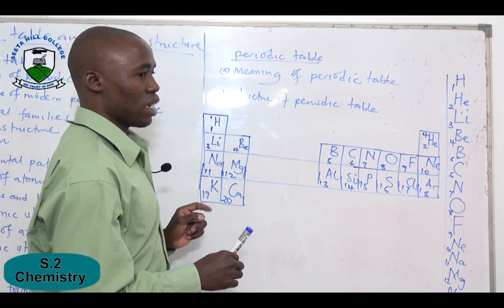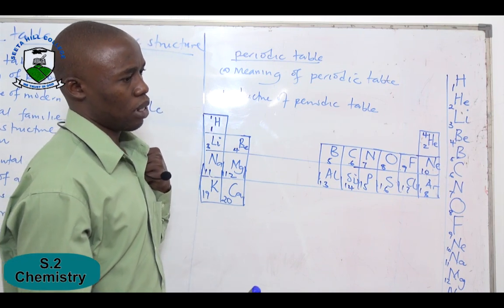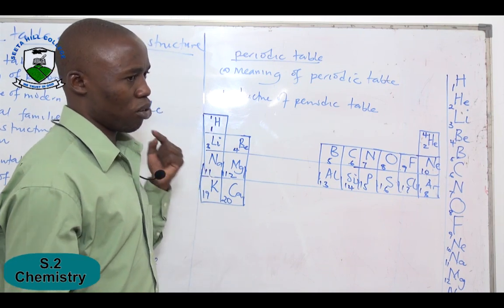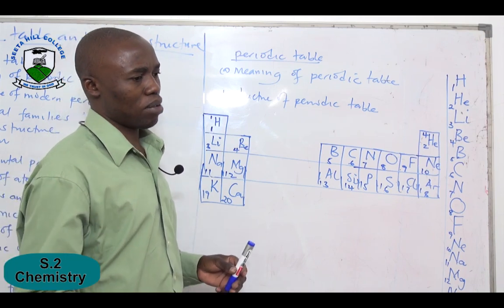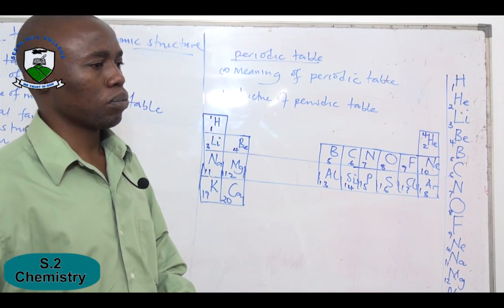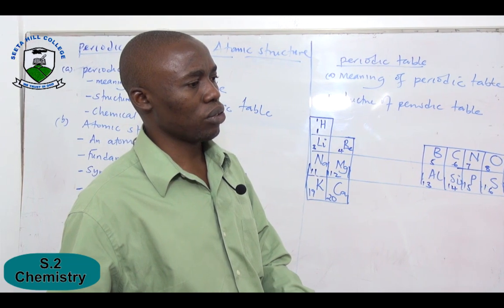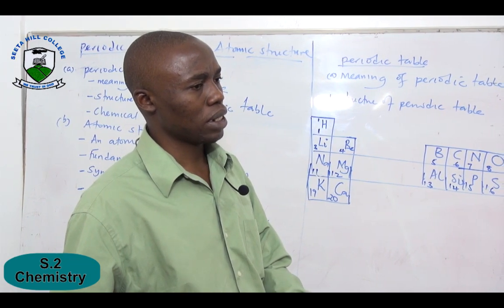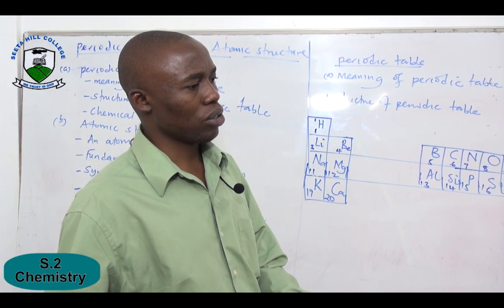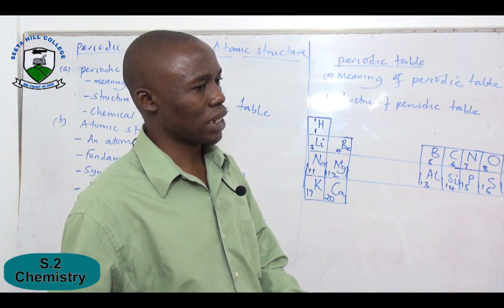We are going to call it atomic number. In fact, instead of defining the periodic table as the arrangement of elements based on similar chemical properties, we can also define it as the arrangement of elements in order of increasing atomic numbers.